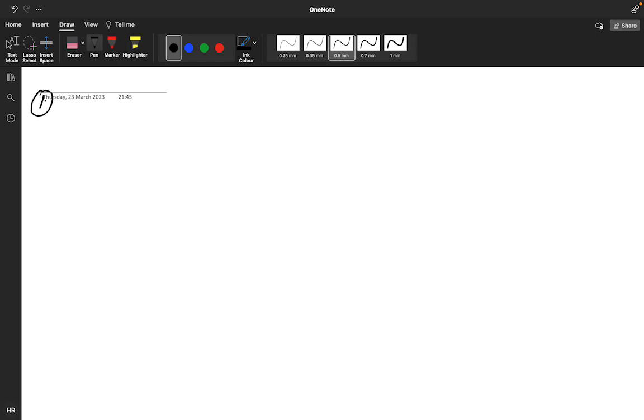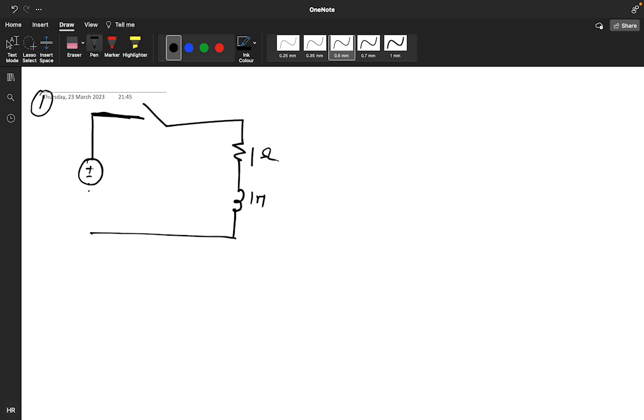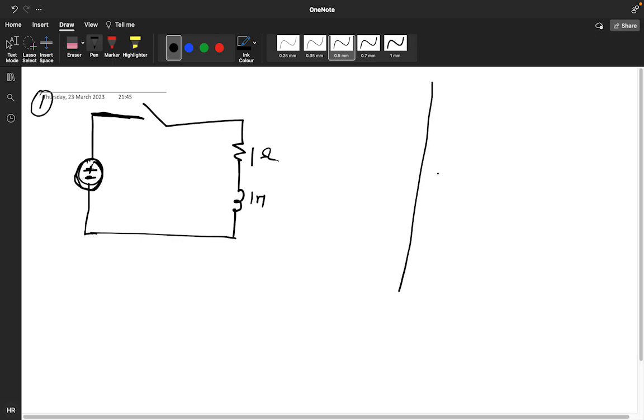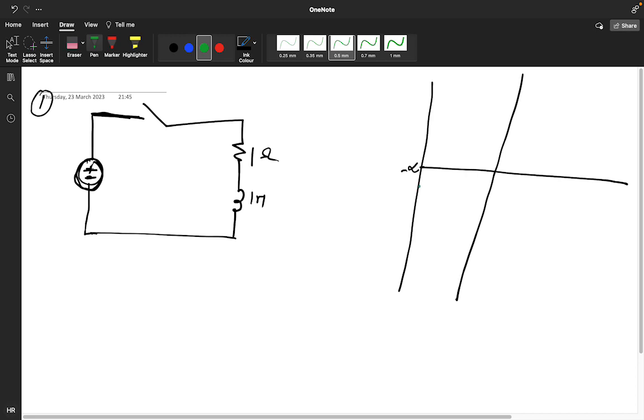Suppose you have a circuit like this. This is your circuit, with a 1 ohm resistor and a 1 Henry inductor, and a switch moving from minus infinite time to infinite amount of time.